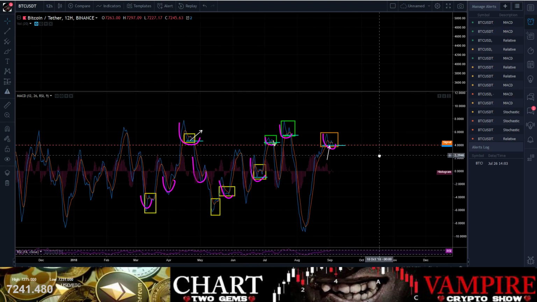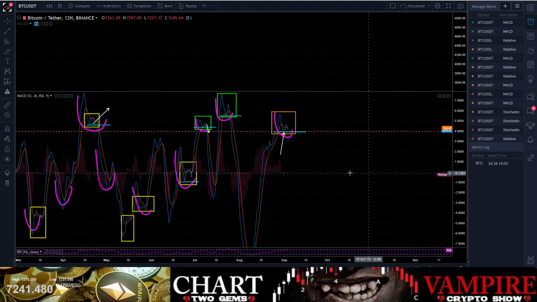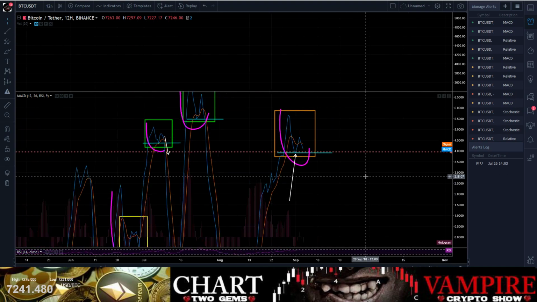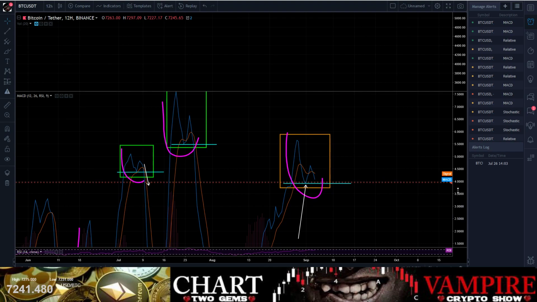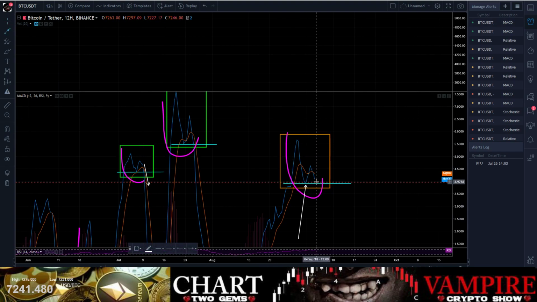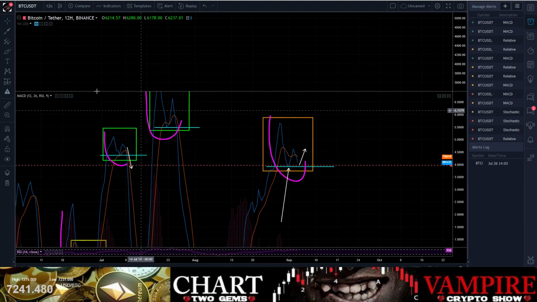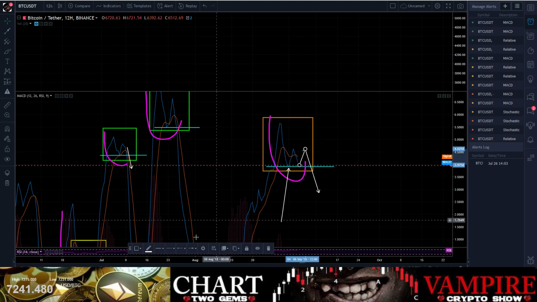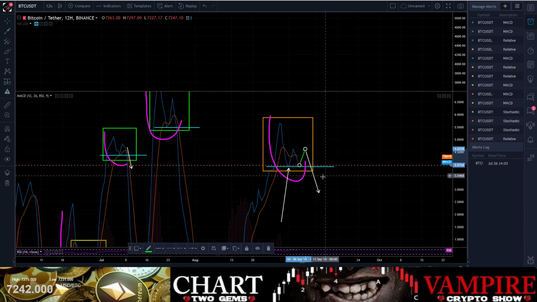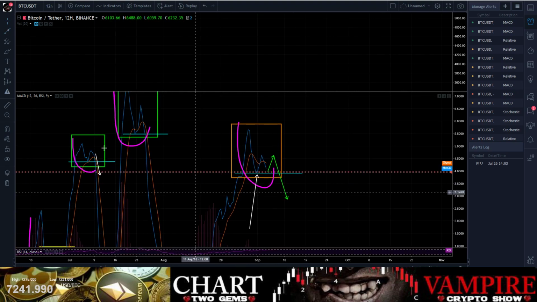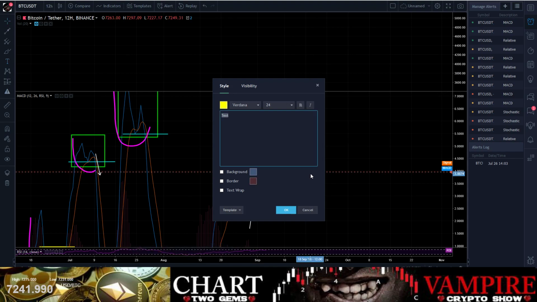If you look at this more recent pattern and how it plays out, all you have to do is set your chart up like this and look for a bounce, right? And if this comes down and bounces like this, and even if it goes like this, so what we're going to do is make this green, because a bounce here would be bullish.